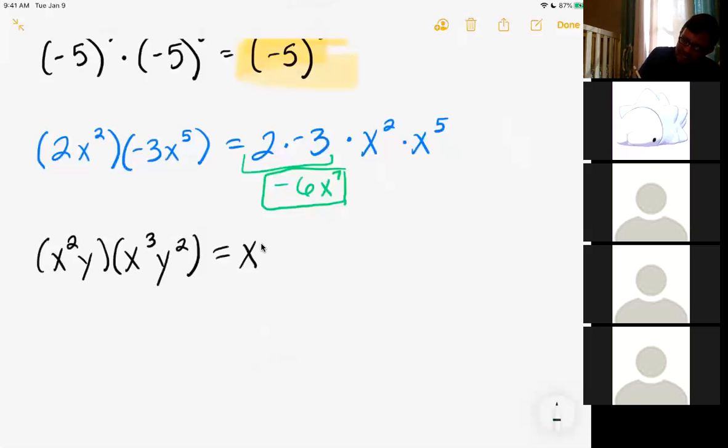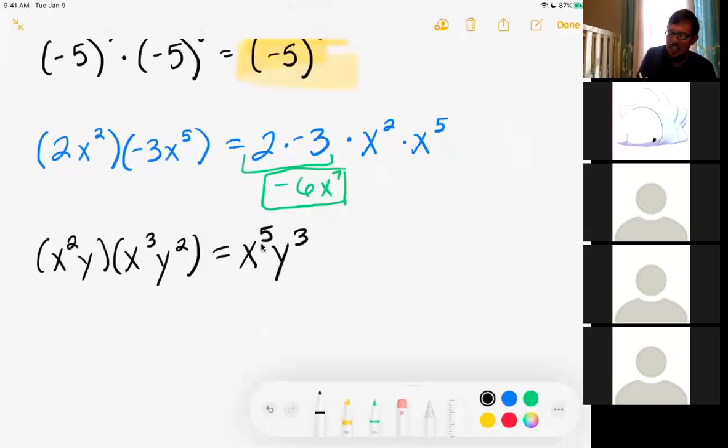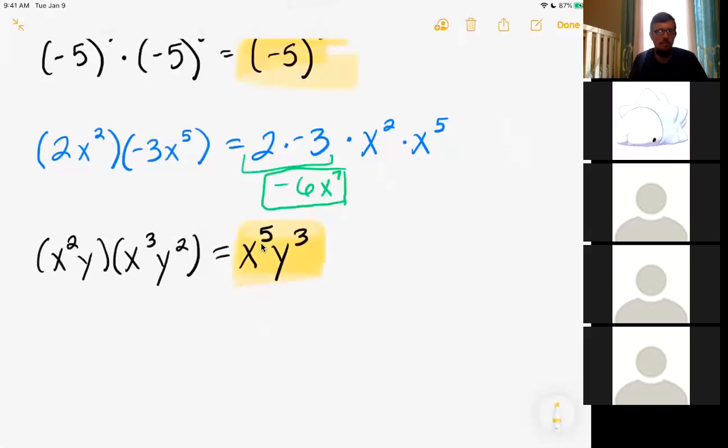Yes. And Y goes to the... Just the 3rd, I would guess. Very good, the 3rd. That's a good guess, because the first Y, even though we didn't write it, has an exponent of 1. Yeah, perfect.